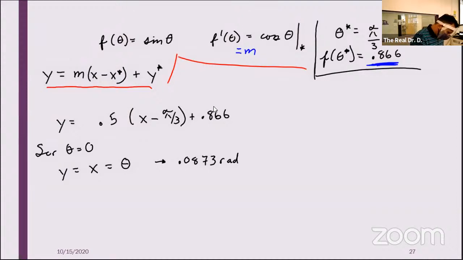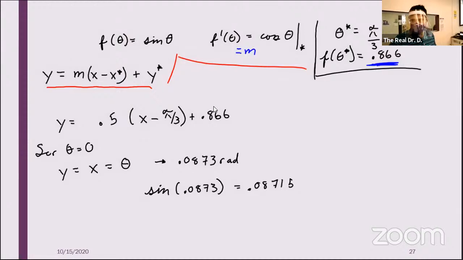Sine of 0.0873 is 0.08715. So yeah, looks like that's pretty close for 5 degrees.